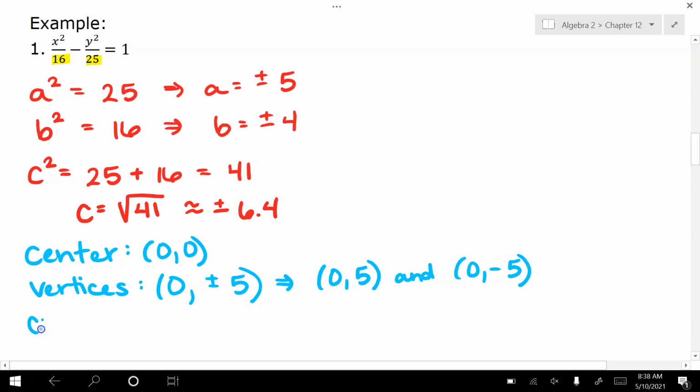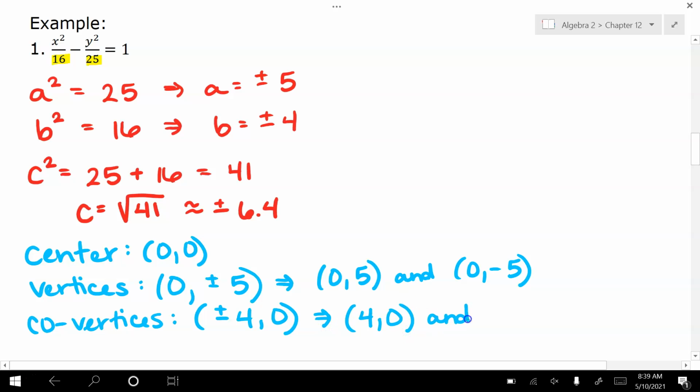Now, co-vertices. Co-vertices, according to my chart, says that we do plus or minus b and then 0. So our b is 4, so we're going to do plus or minus 4 and then 0. So we would write that out as 4, 0, and then negative 4, 0.